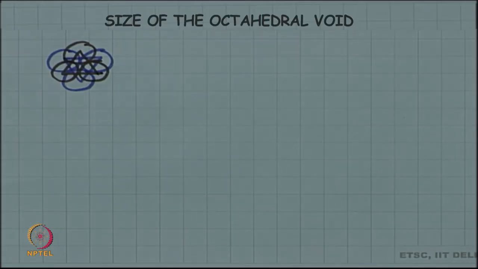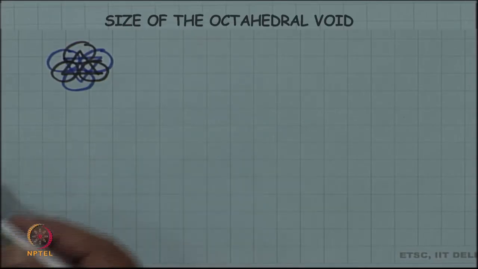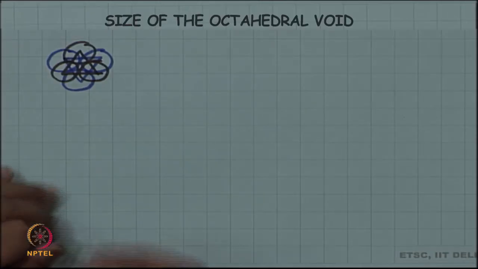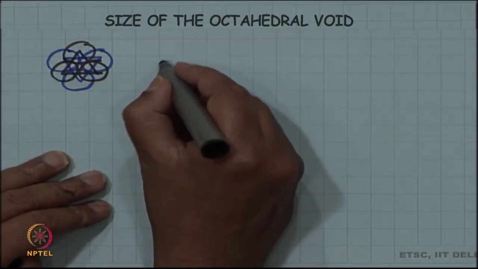However, for calculation purposes, it is easier to do the calculation if we stand the octahedron on one of its diagonals.